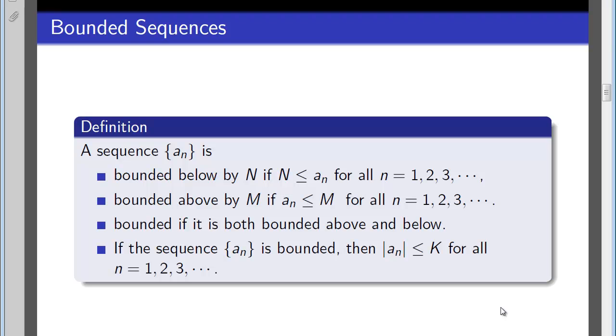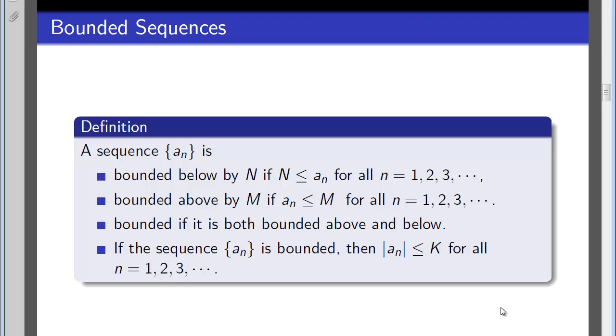In this case we are saying that if all terms of the sequence are less than or equal to a number m, then it is bounded above. If both of those conditions hold, meaning it is bounded below and above also, in such a case we are saying that the sequence is bounded, where the generalized definition of this form is given in the last line.